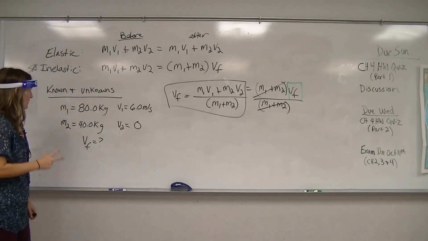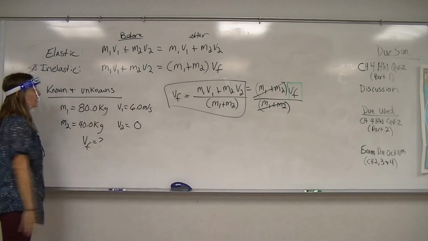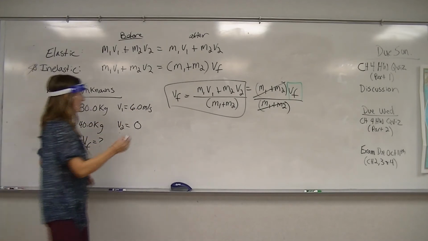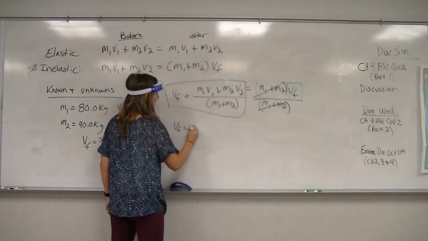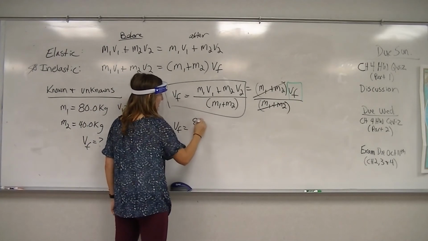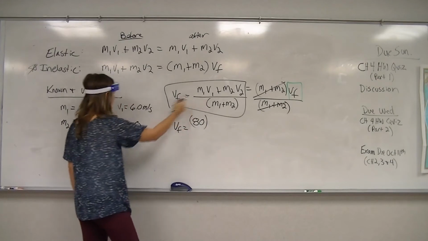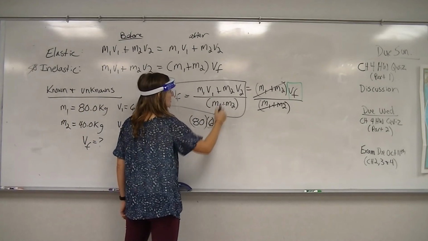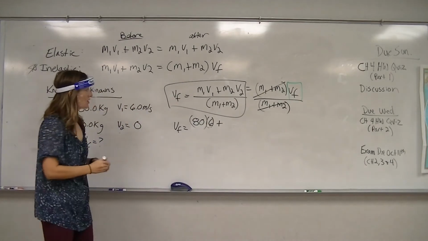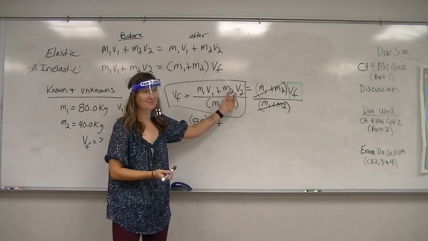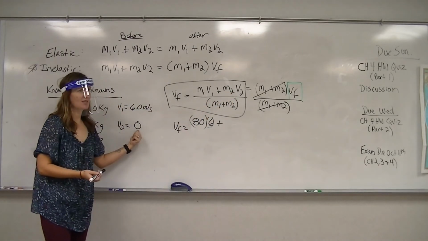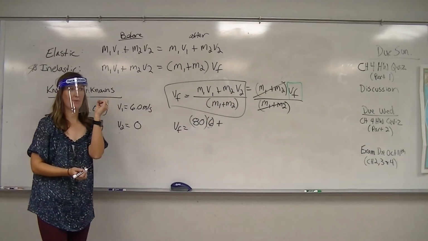So once I have it rearranged, plug in all my variables. Let's see. We have m1, which is grandma at 80, multiplied by her velocity, which is 6. We're going to add that to the grandson's. Notice this is the grandson's momentum, right? His mass times his velocity. And since he's not moving, his momentum's 0.